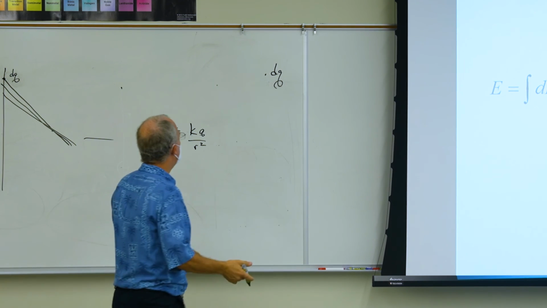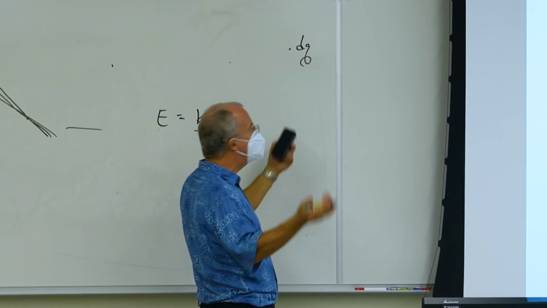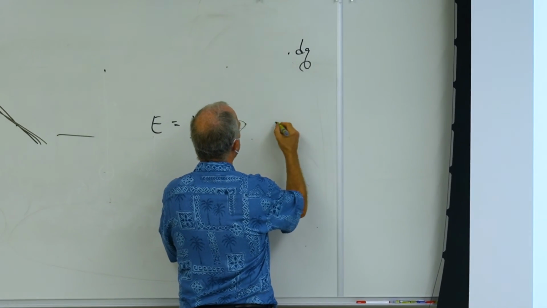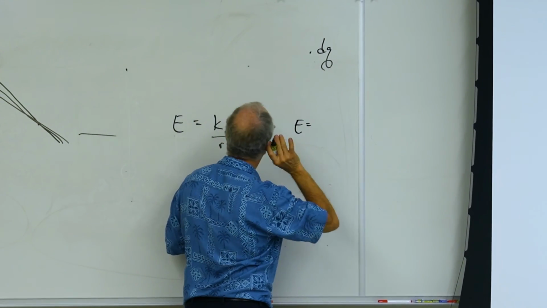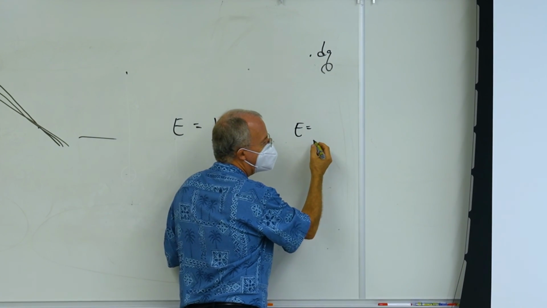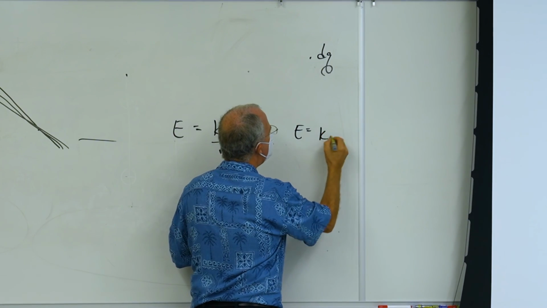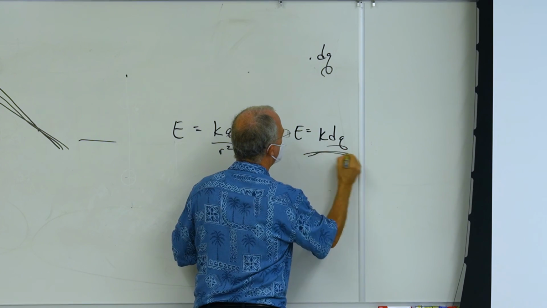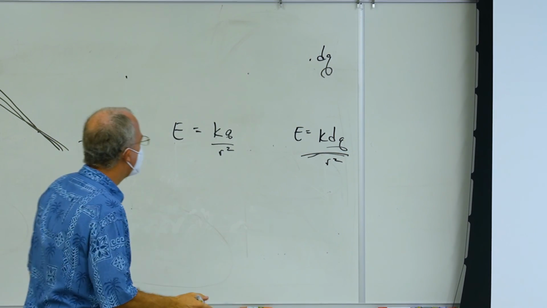Now let's say that the point charge, instead of calling it Q, I'm going to call it DQ. So what's the E field of this point charge? Yeah, it's just K DQ over R squared. Does that make sense or what? Now wait a second.